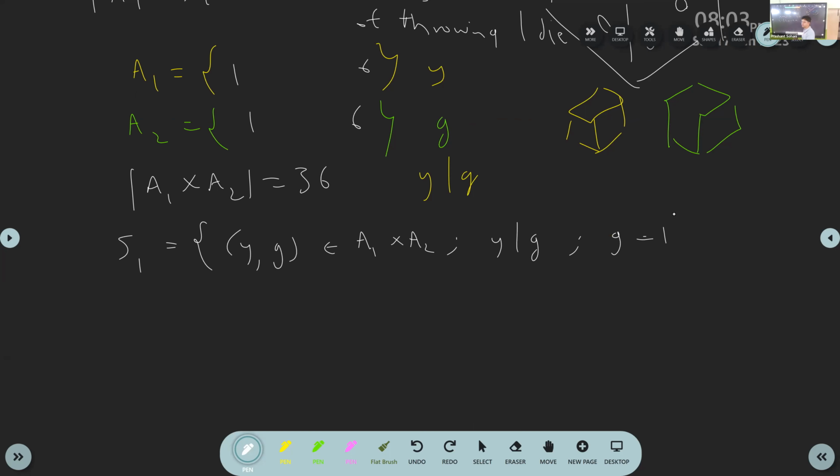Similarly, I can define S2, S3, S4, S5, S6, right? So in every case, I'm fixing the second element. For S1, this is always 1. So I'm just counting all the matching pairs. We know how many factors 1 has, only 1, right? Therefore, S1 has only 1 element.